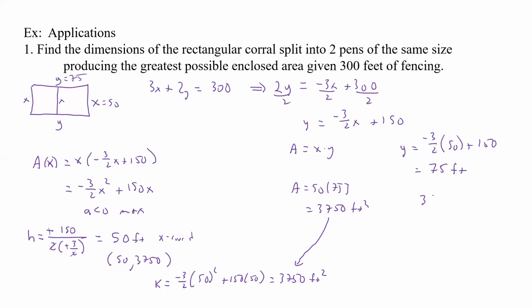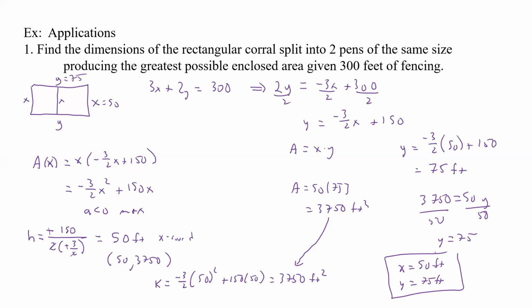But in either case, what our values are is x equals 50 feet and y equals 75 feet based on the picture. Okay, and so that would maximize the amount of area enclosed by that amount of fencing.